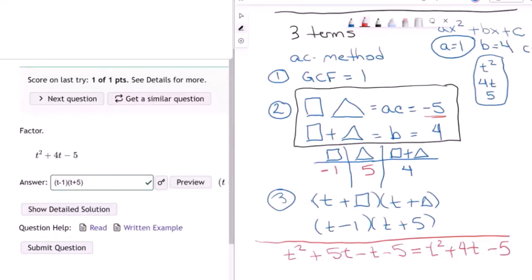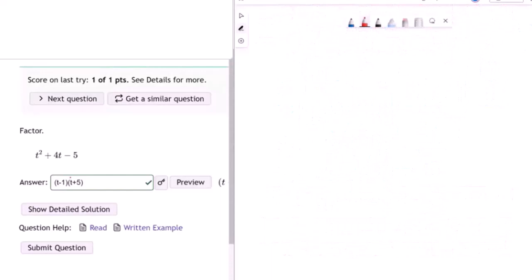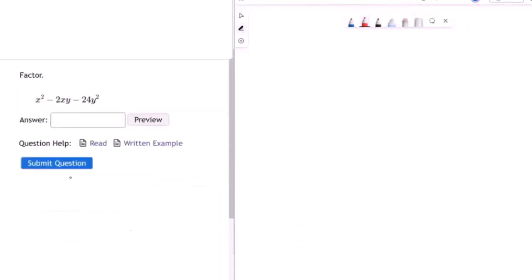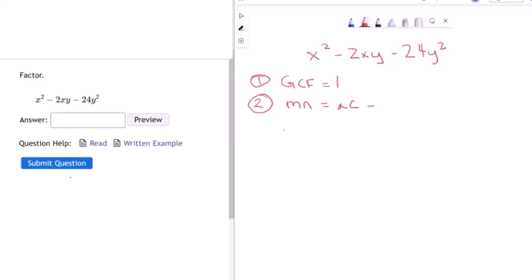This is 3 terms, a equals 1. Step 1, greatest common factor, 1. There's nothing that divides each one. Second step, I want to find two numbers. m times n equals a times c. a equals 1, b equals -2, and c equals -24.